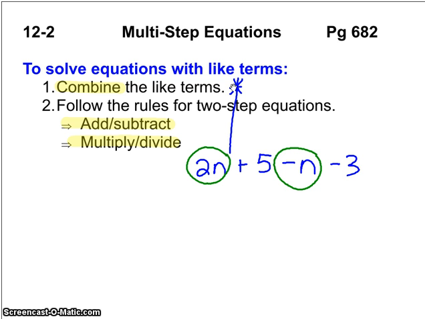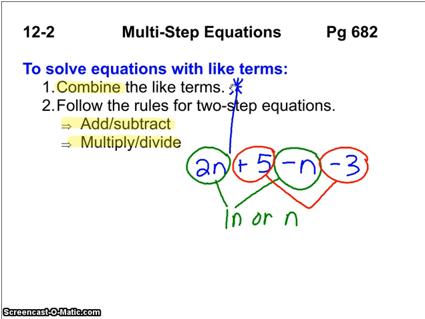So for this one, here are my n's. When I go to combine these, I have 2n minus 1n, which is 1n, or you can just write n. And I also have a positive 5 and a negative 3. When I combine these, positive 5 and negative 3, I end up with 2.